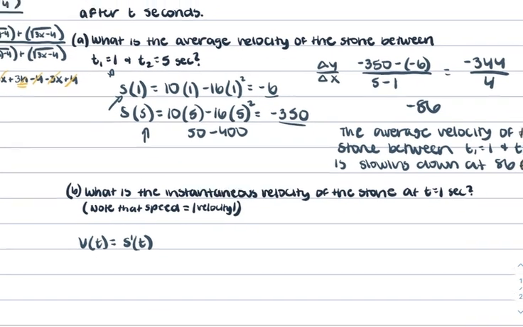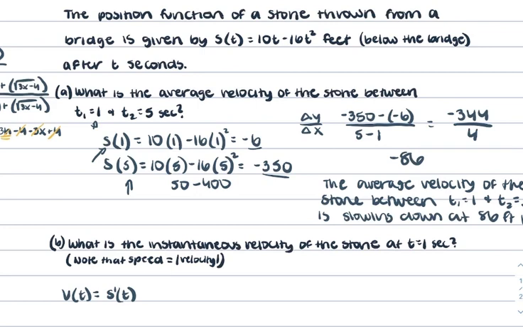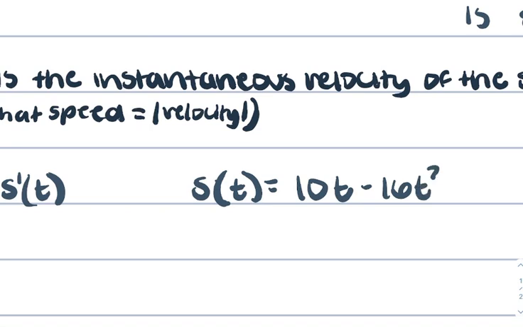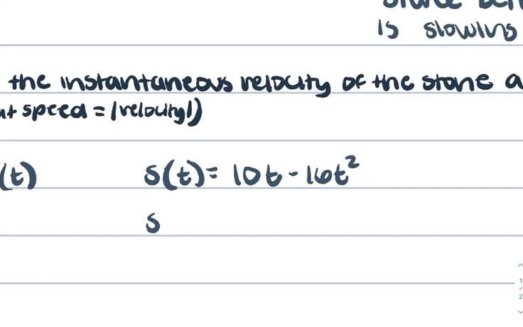So we need to find the derivative of s of t, and we can easily use the chain rule for this. If s of t equals 10t minus 16t squared, the derivative of s of t equals 10 minus 32t.